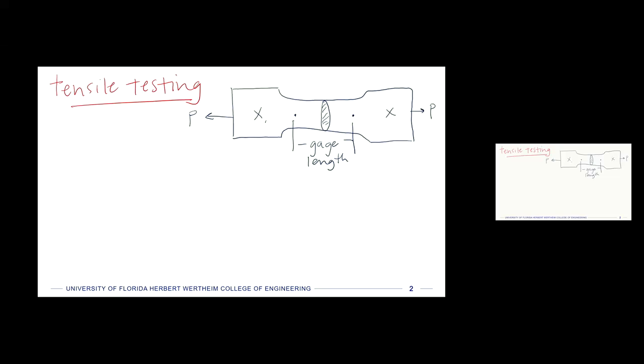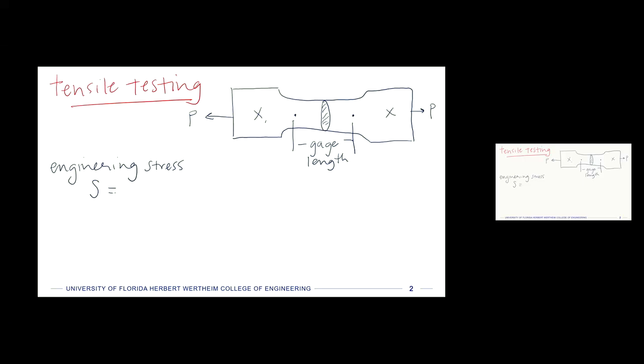Then as the specimen is pulled, the distance that initially was the gauge length is going to increase. And so we'll start to define a few terms off of this. The first one is the engineering stress. I think our textbook calls that S, so I'm going to try to follow the same nomenclature.